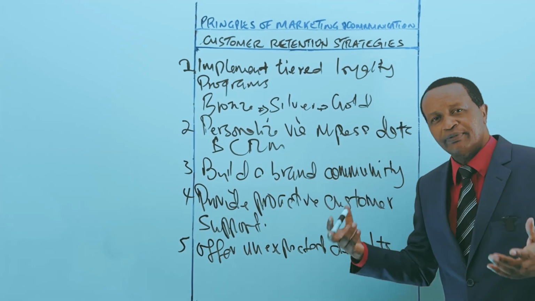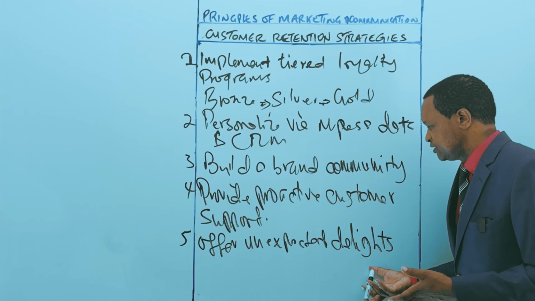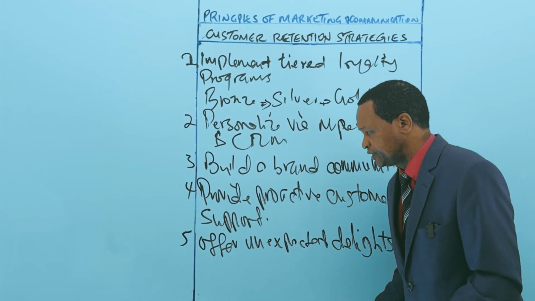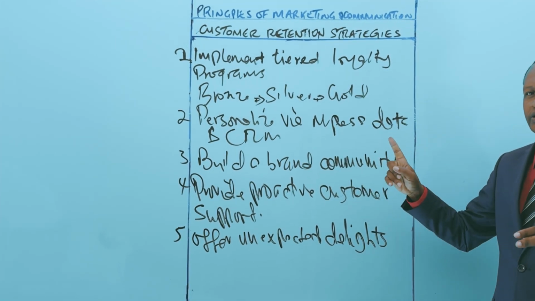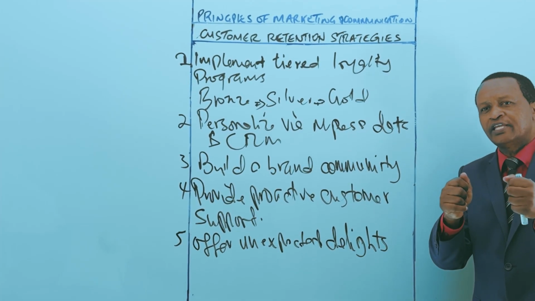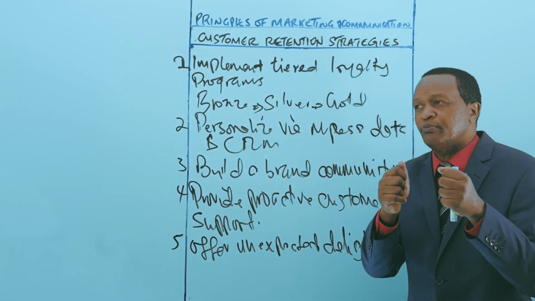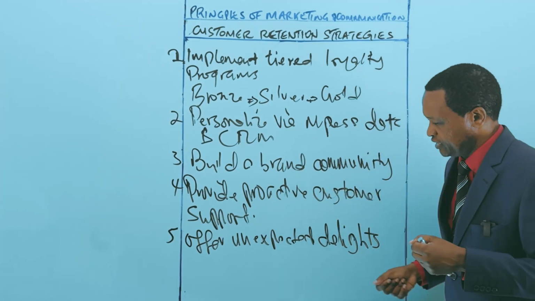And the buyers don't expect such unexpected delight. So when you offer some, that can help you retain customers because it creates a massive emotional impact that keeps a customer loyal for many years.